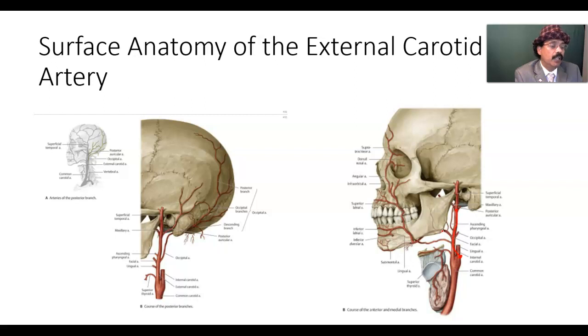We can draw this point just behind the lower part of the neck of the mandible. Always remember that the branches and the pattern of branching vary from person to person.